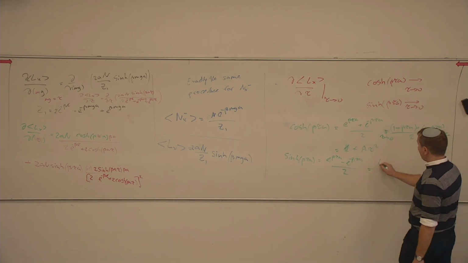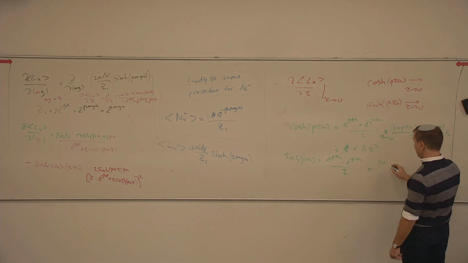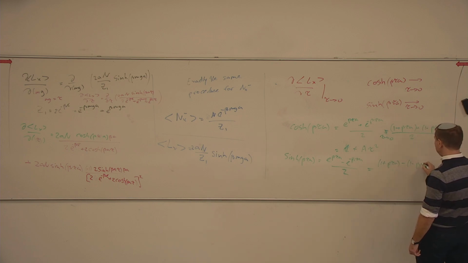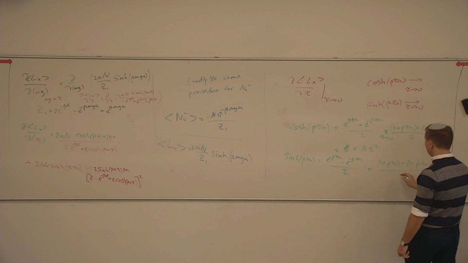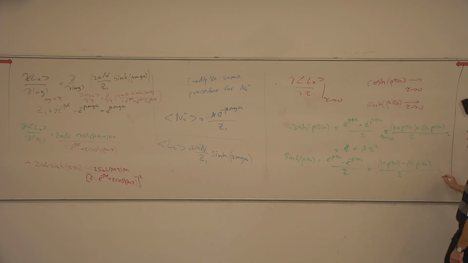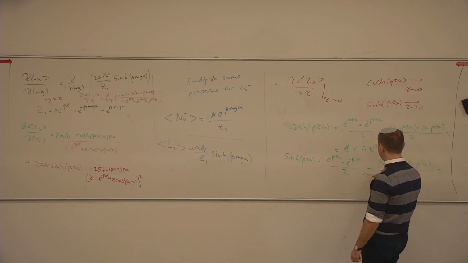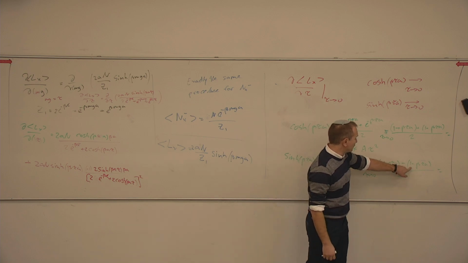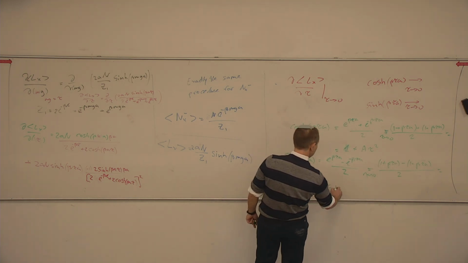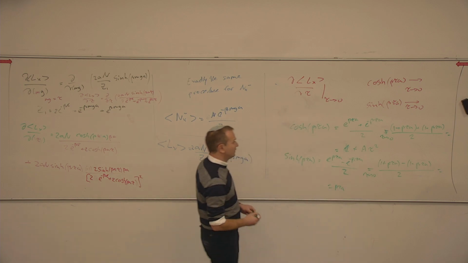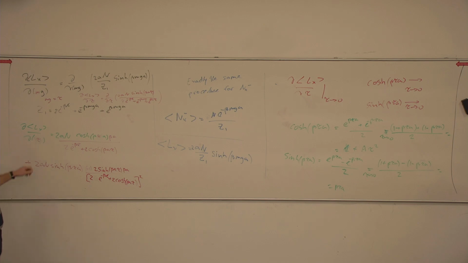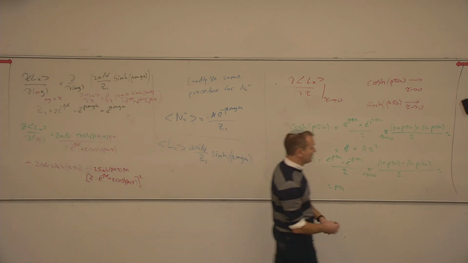So it is 1 plus beta tau a minus 1 minus beta tau a, divided by 2 again. In the limit when tau goes to 0, the 1 over here cancels the 1 over here, and we are left with beta tau. So those are the two limits that we are going to use instead of all the cosines and all the hyperbolic sines that we have in our expression.